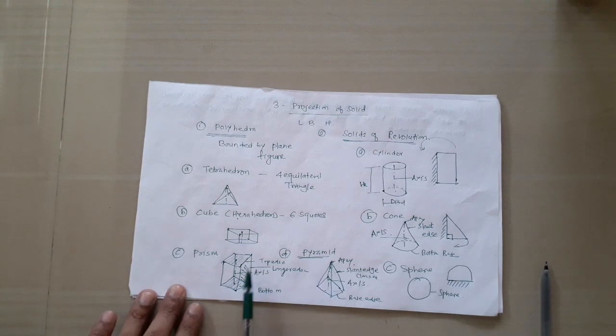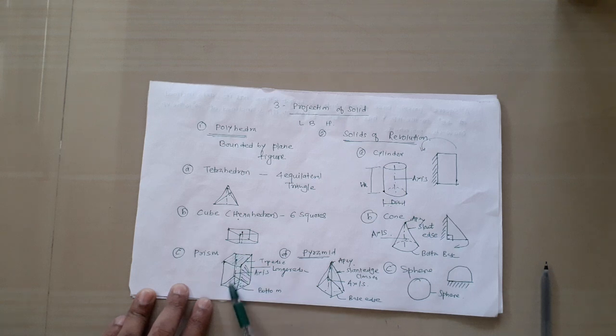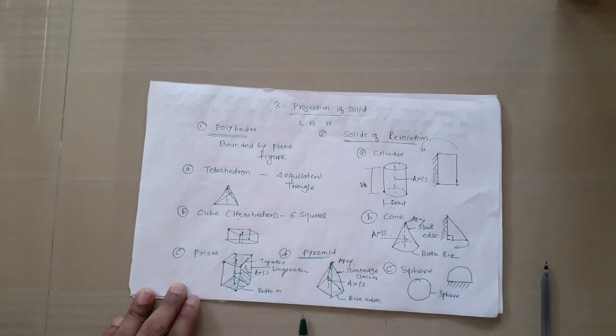See the difference between the prism and pyramid. In case of prism, the top and bottom surfaces are plane figures. In case of pyramid, only the bottom surface is a plane figure. Then the axis is an imaginary line joining the center of the top and center of the bottom in case of prism, cylinder and cube. In case of cone and pyramid, it is an imaginary line joining the apex and center of the base.